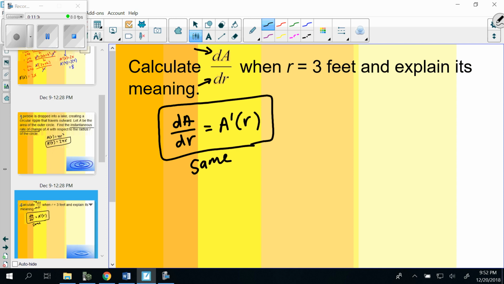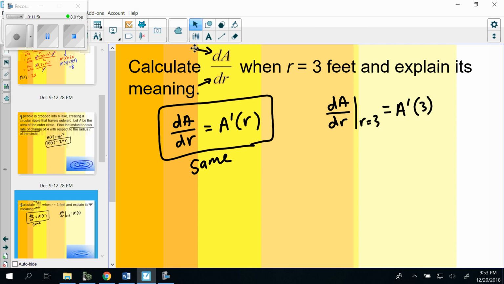Okay, so if we want to find what is dA/dr when r equals 3, we can write it like that in that notation, or we could write it as the derivative of A at 3, but ultimately we want to be plugging that in to our equation.